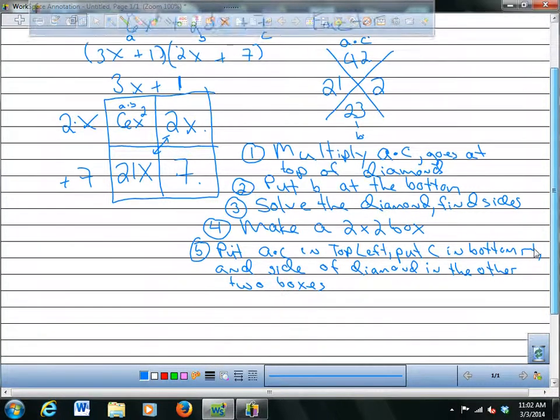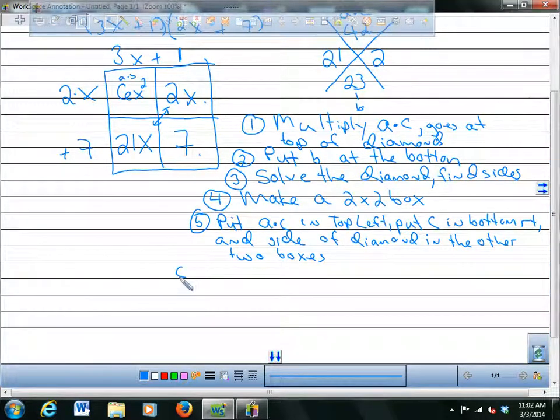Okay. And now finally, we're going to pull out the GCF from the first row and first column.